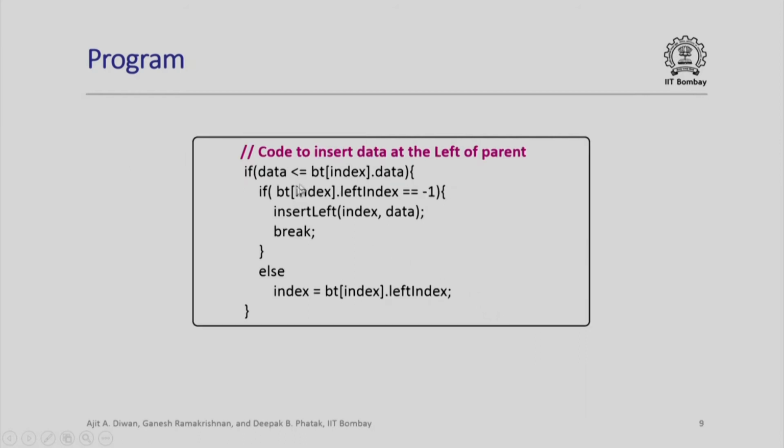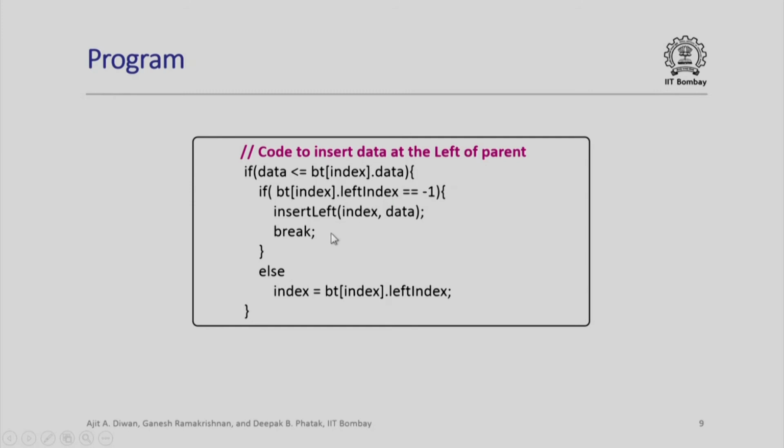First, the code to insert data at the left of the parent. Please note that this will happen when the data to be inserted is less than the data of the parent. So, if bt[index].data is greater than or equal to new data, then it will have to be created on the left. Now, we will check, is there place on the left, or is there already a left index in this particular parent node. If it is -1, then there is a place.